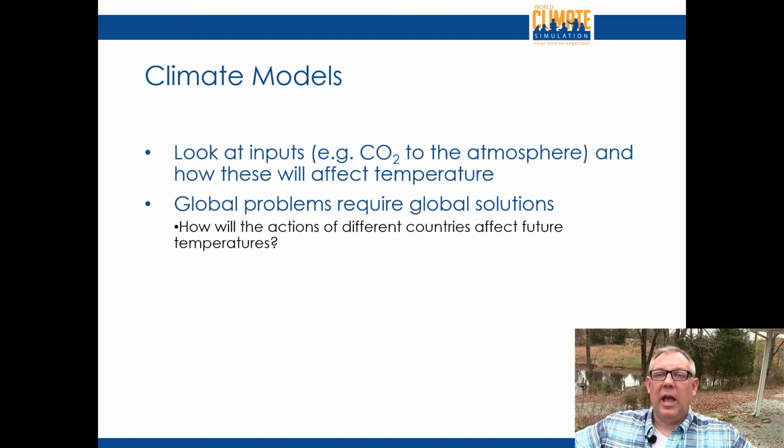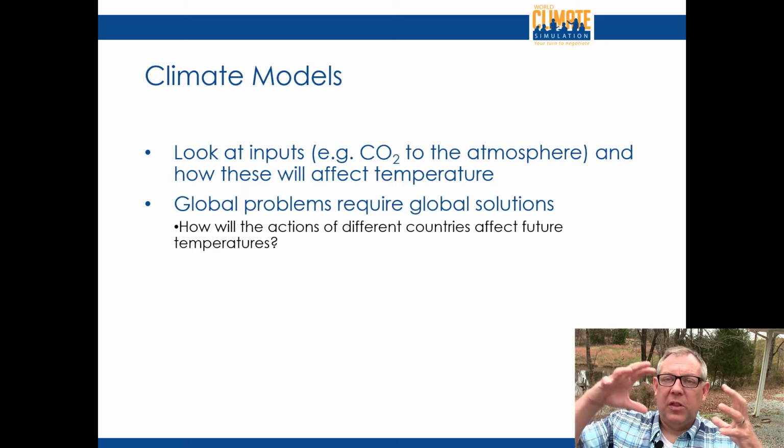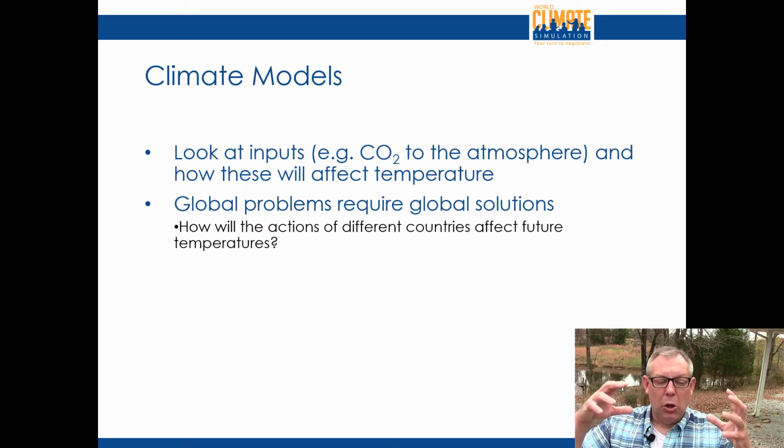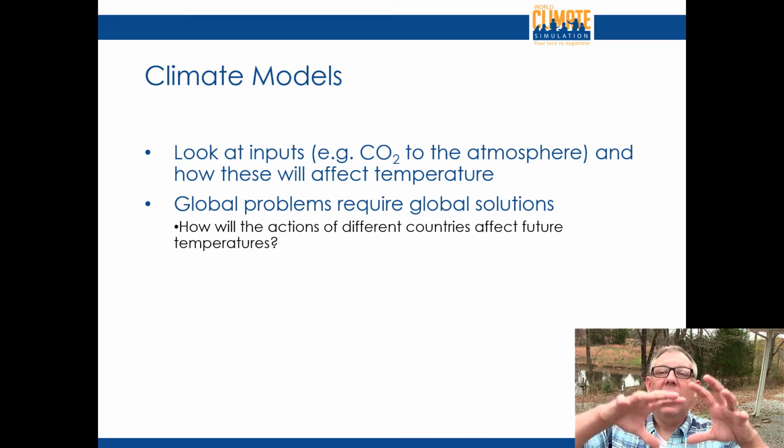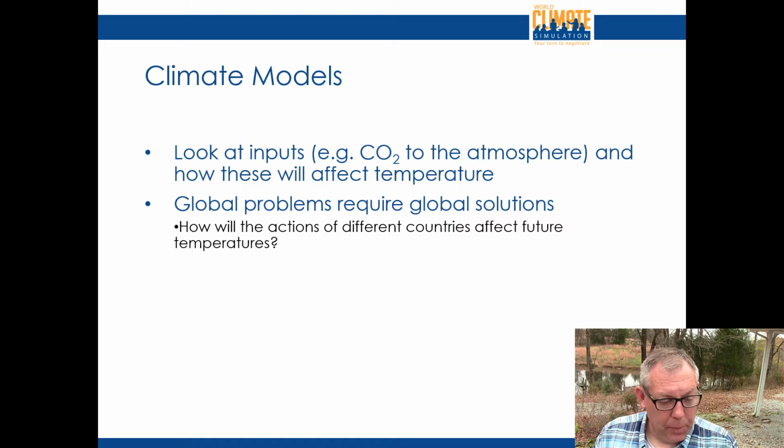Looking at those large-scale nutrient and energy problems and nutrient cycles, on something this large, a global problem requires a global solution. And so you can look at what different countries do and different things around the world, and how that can have an effect on the entire globe.